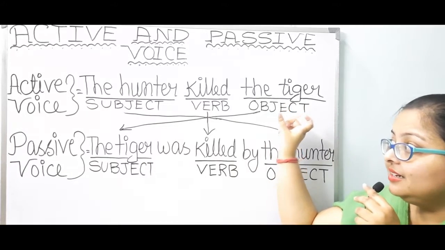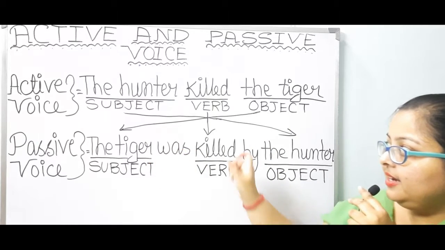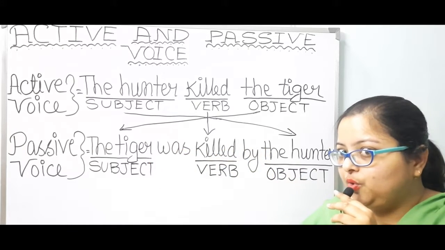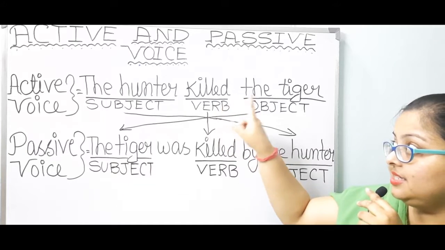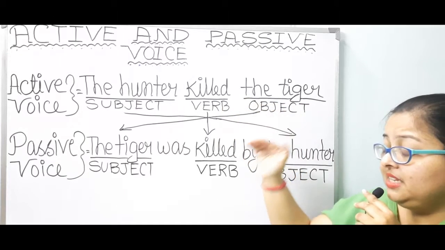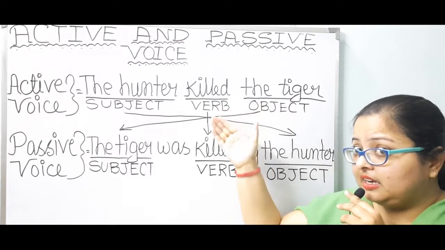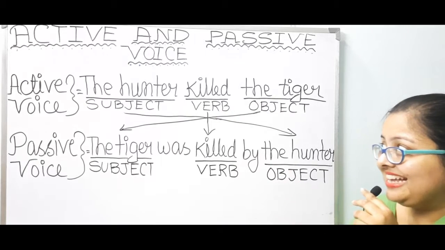So the tiger comes here, then was killed. According to the rule, the sentence is in the simple past tense.